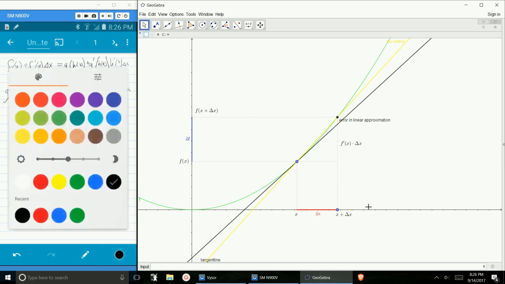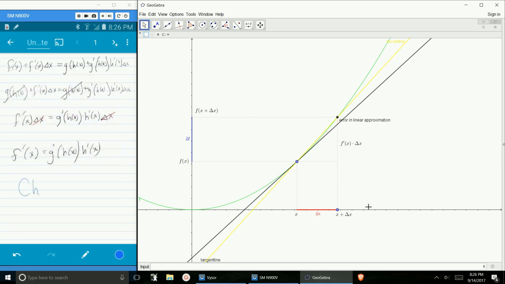This is the chain rule. Okay. That's the result, and it really comes from this concept of linear approximation. We're just doing it twice.